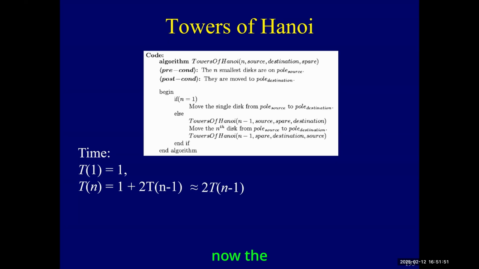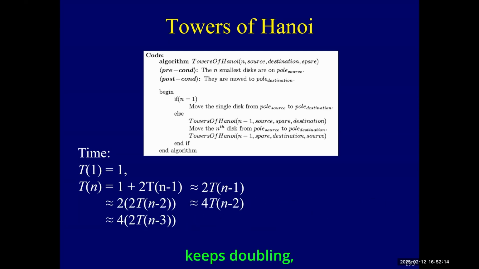Now the math here is hard enough. So let's get rid of the +1, right? And if you get rid of the +1, really it's asking how many times do you move the small disk, right? And then what is this? Well, you see it keeps doubling, right?